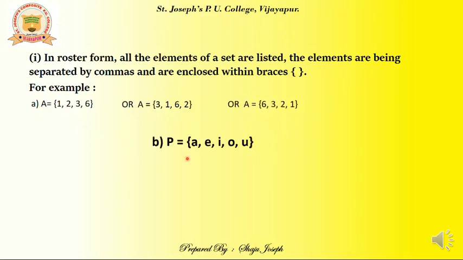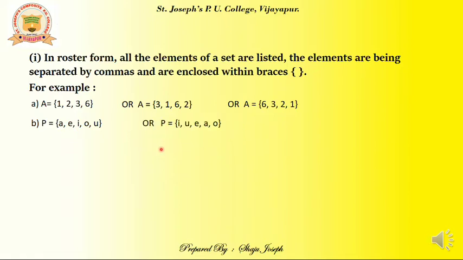Let us take one more example here. I am taking the vowels of the English alphabet. The vowels are A, E, I, O, U. However, if you try to write it in a different order, I am writing here I, U, E, A, O. Again, it remains the same set P. The name does not change because the order is immaterial.